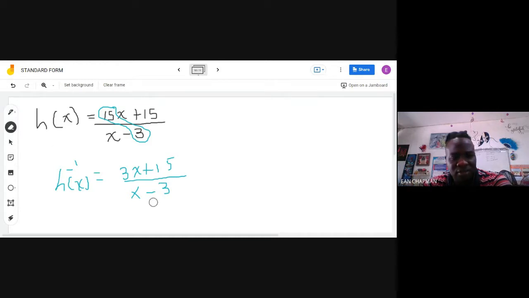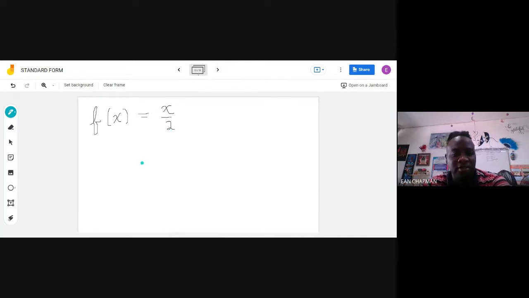So what is happening is that the place value is changing. This 15 at the top was positive, when it came down it became negative. The 3 at the bottom was negative, when it went up it was positive.